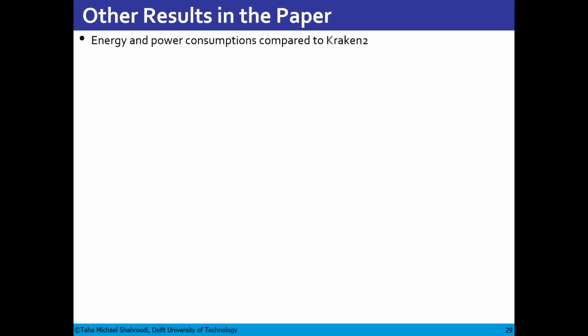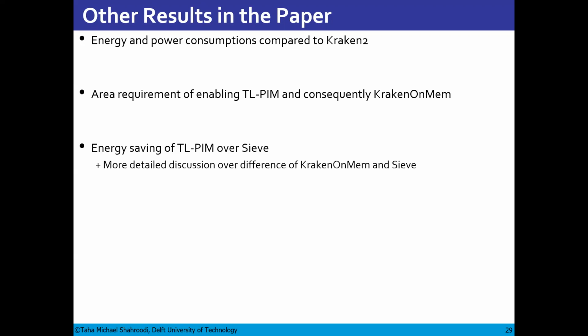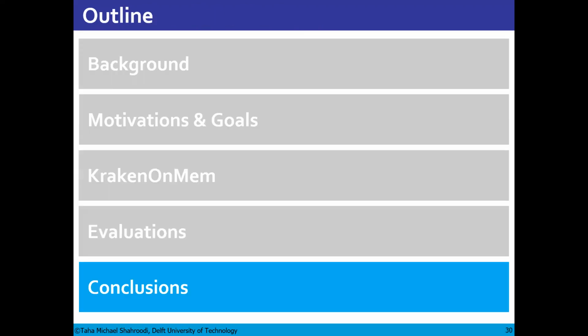In the paper, you can find other results as well, such as energy and power consumption of KrakenOnMem, the additional area required for KrakenOnMem, energy saving of TLPIM compared to Steve for table lookup, and some more discussion over Steve in the context of taxonomic profiling. And finally, possible future directions for KrakenOnMem to be improved or built upon.